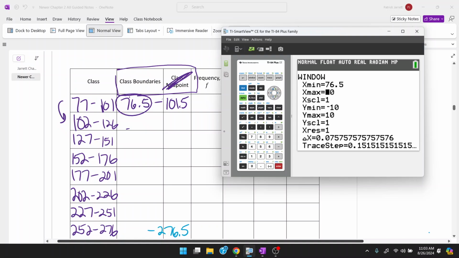And the largest class boundary was 276.5. And our scale is going to be 25. Now, the Y-min should always be a 0. Now, the X-max, maybe I'll try 15.